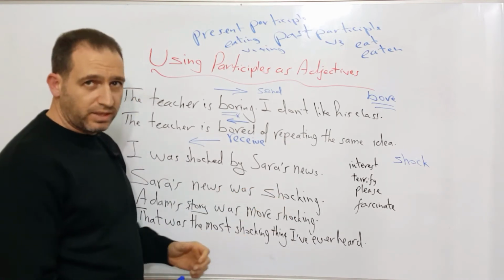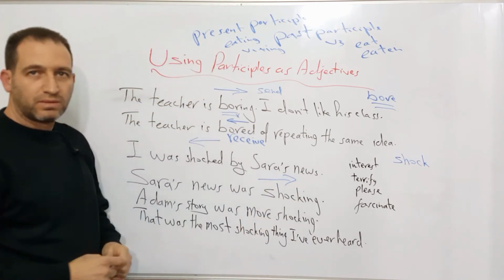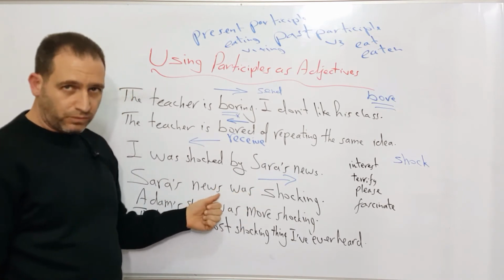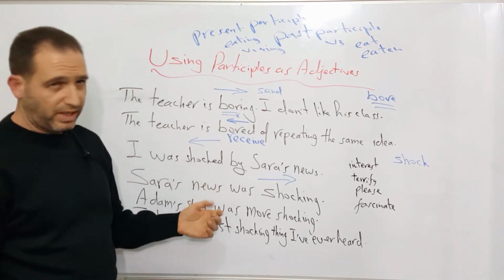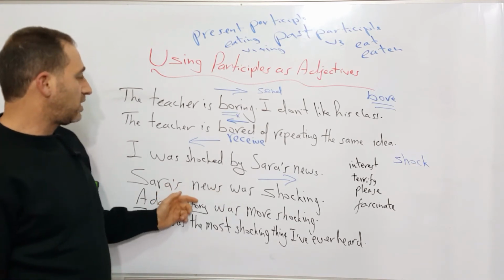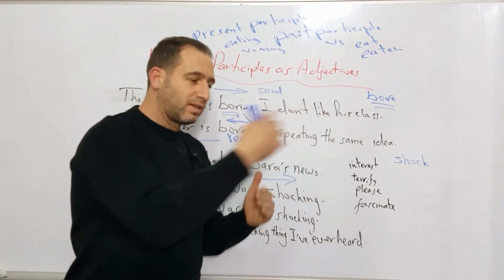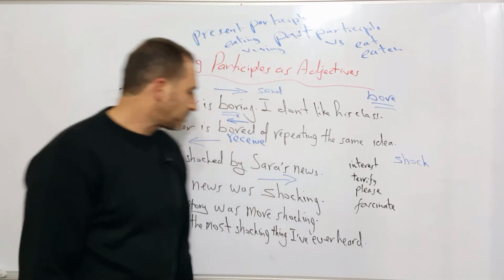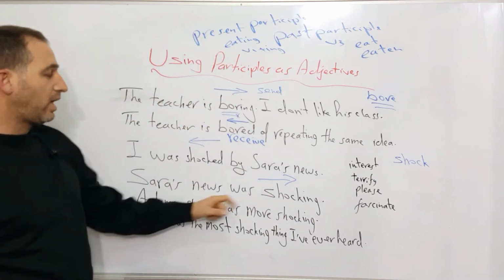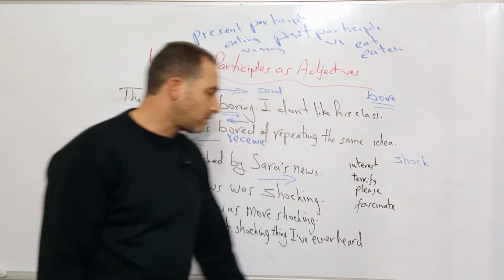Now here, shocking is an adjective, but it is sending the shock. Okay? Sarah's news was shocking. We usually say was with the word news, not were. So the news is sending, the news is affecting us. So here we have what we call a past participle word, and here we have a present participle word with an ing.